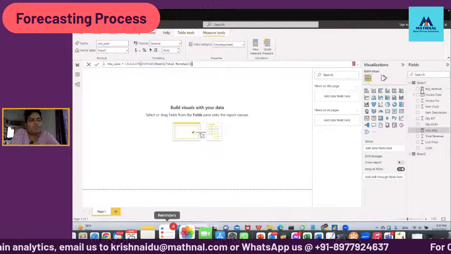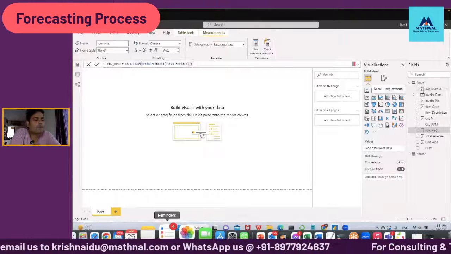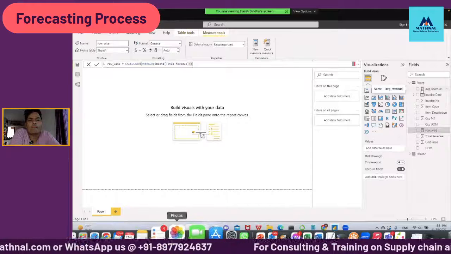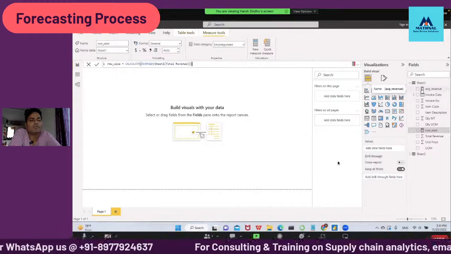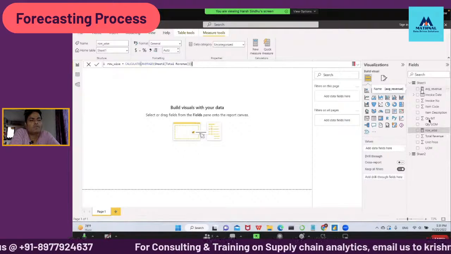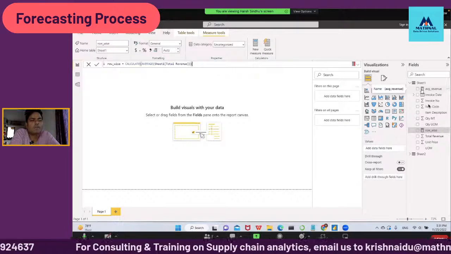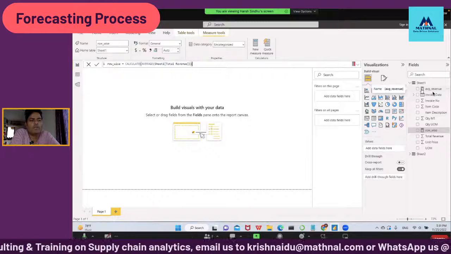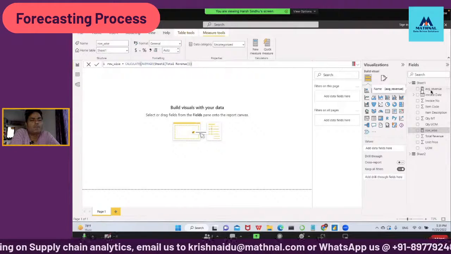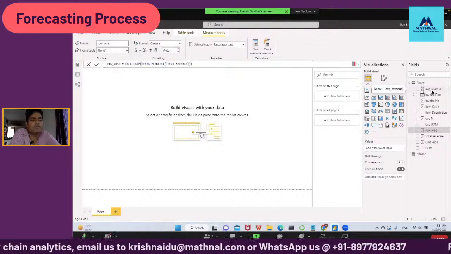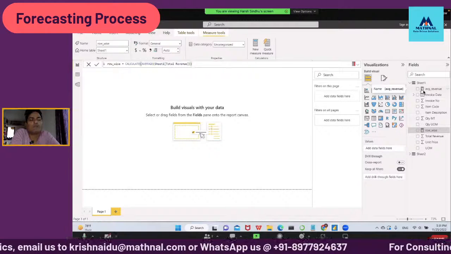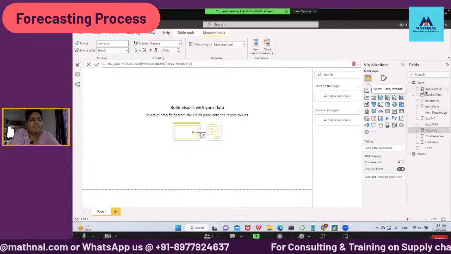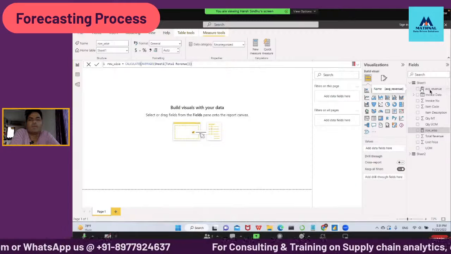The symbol next to average revenue is the calculator sign. Can you see the calculator sign next to average revenue?